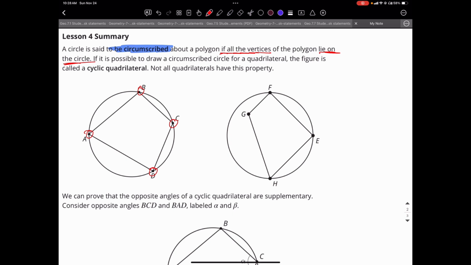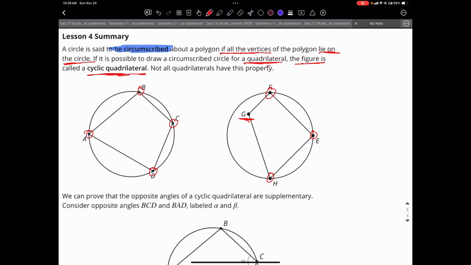The example next to it, you don't. You have one, two, three of the vertices that are on the circle, but this fourth one is not. So that's not considered to be circumscribed. If it is possible to draw a circumscribed circle for a quadrilateral, the figure is considered to be a cyclic quadrilateral.